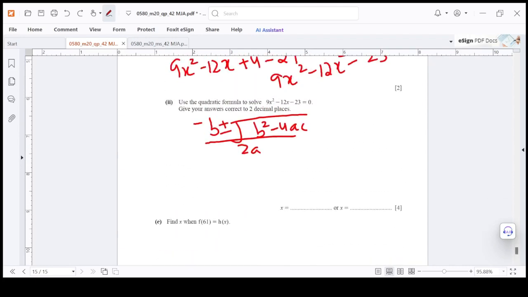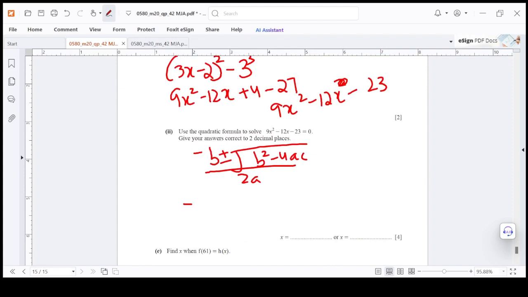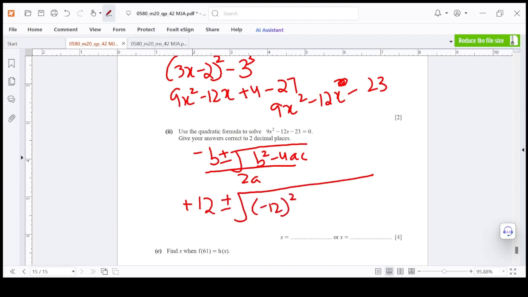So minus minus 12 would be plus 12, plus minus square root of minus 12 whole squared, or you may also write just 12 squared, minus 4ac, upon 2a.